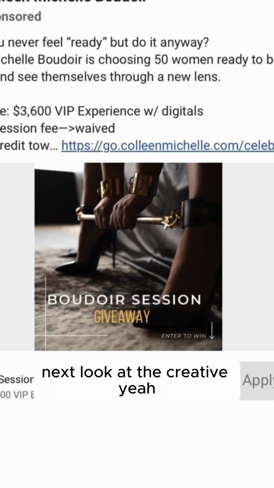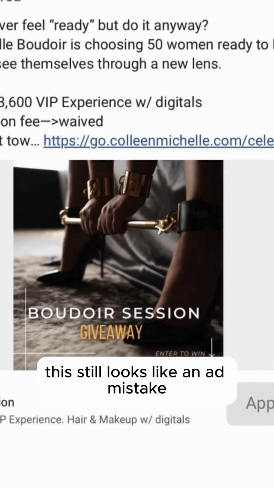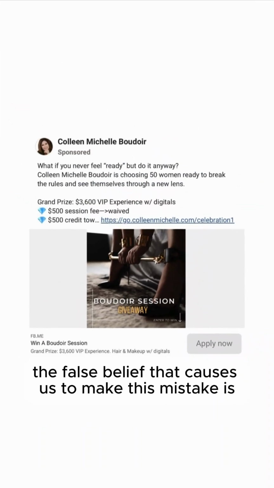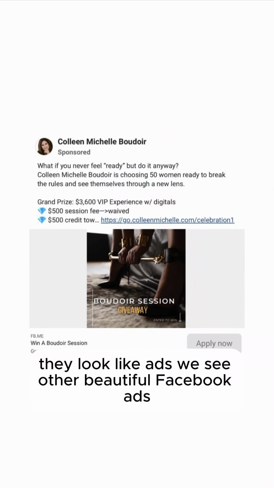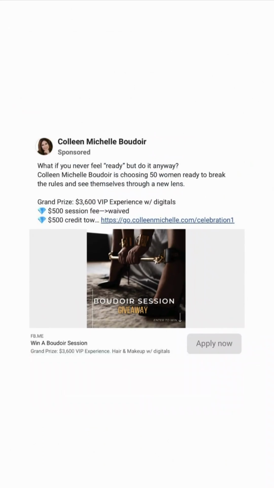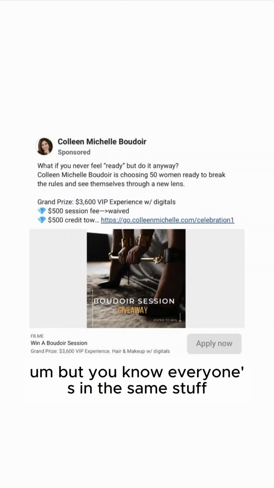Next, looking at the creative, yeah, this still looks like an ad mistake. The false belief that causes us to make this mistake is we see other Facebook ads, they look like ads. We see other boudoir Facebook ads, they look like ads. But everyone's in the same stuff.